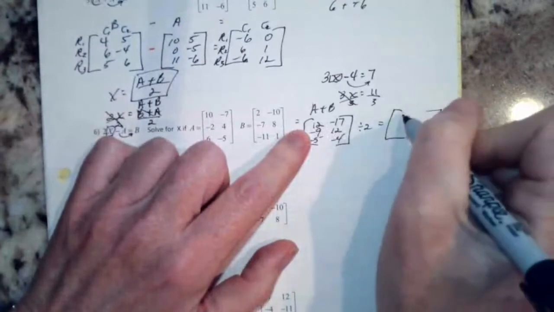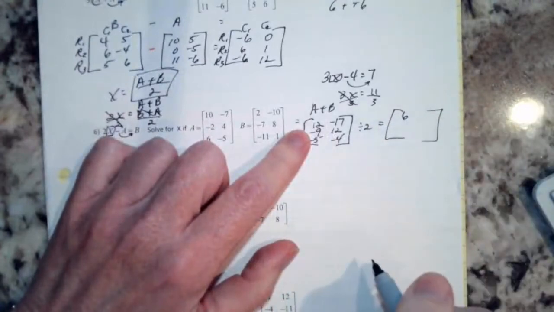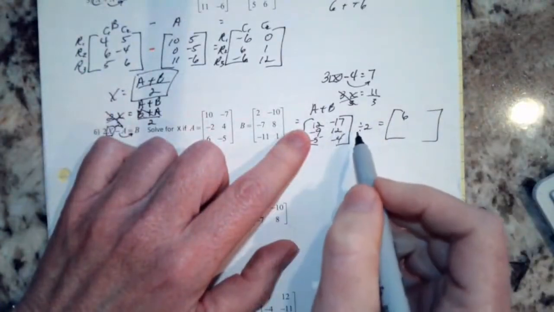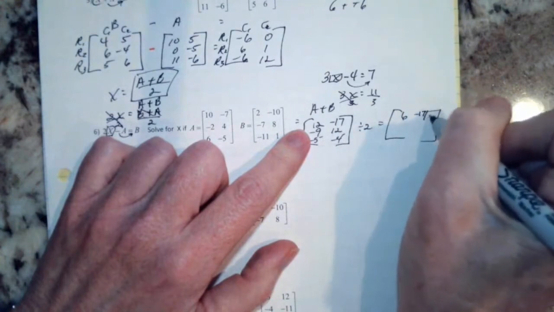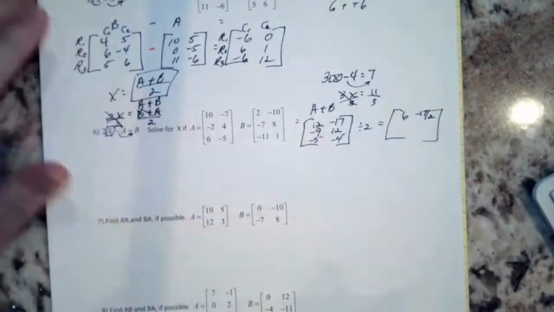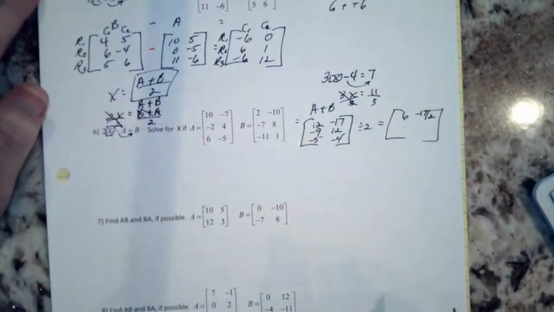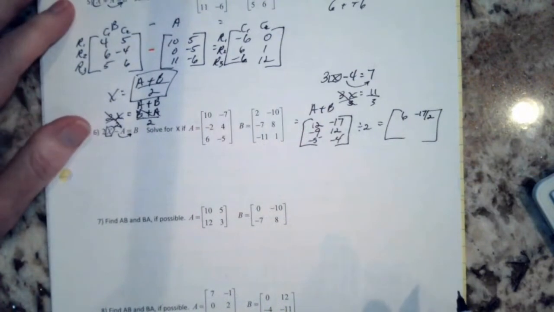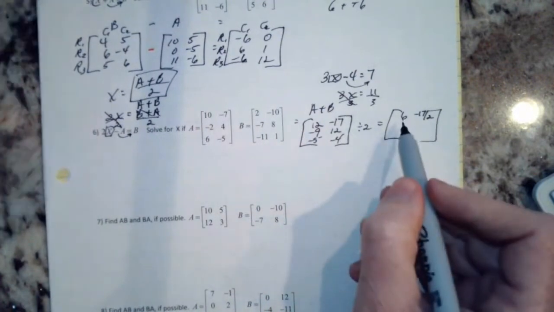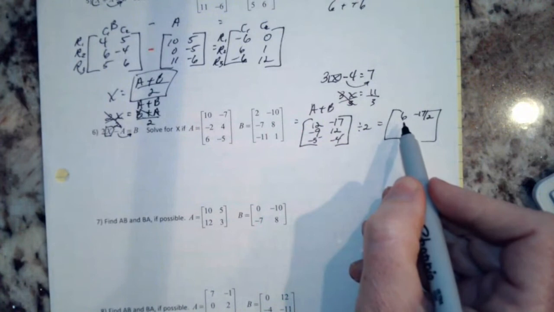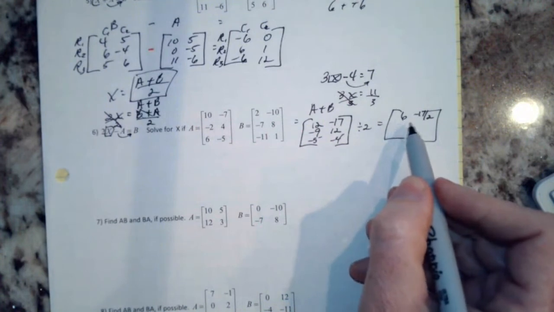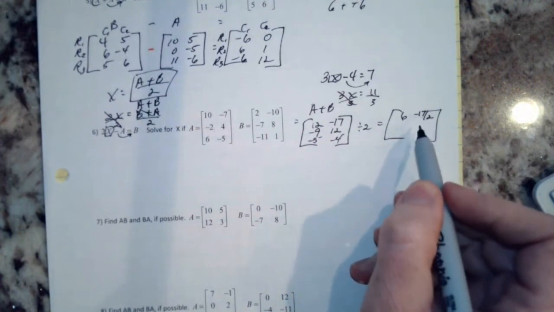So 12 divided by 2 is 6. Negative 17 divided by 2 is negative 17 over 2. Leave it improper. Reduce if you can, like we did here. We didn't leave it 12 over 2. We changed it to 6. So reduce if you can, but don't change it to a mixed number.